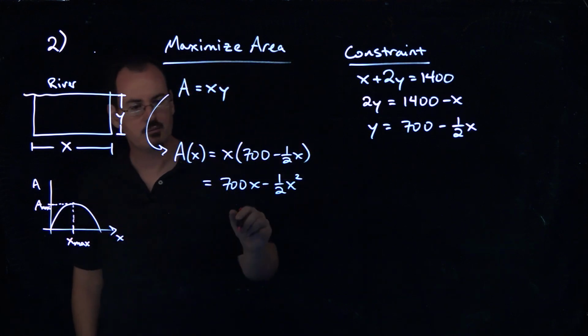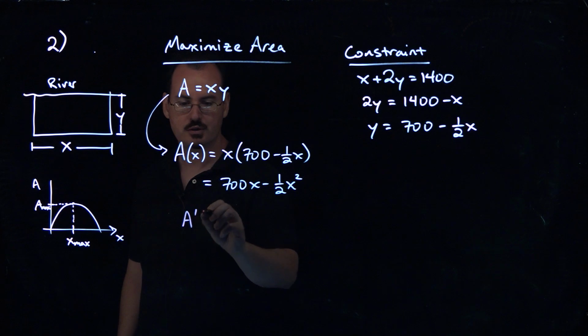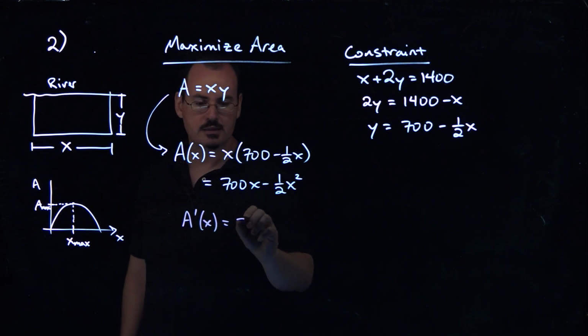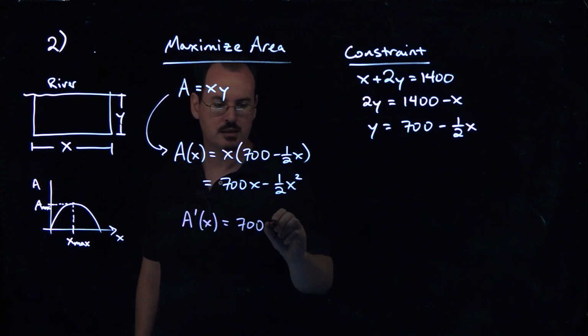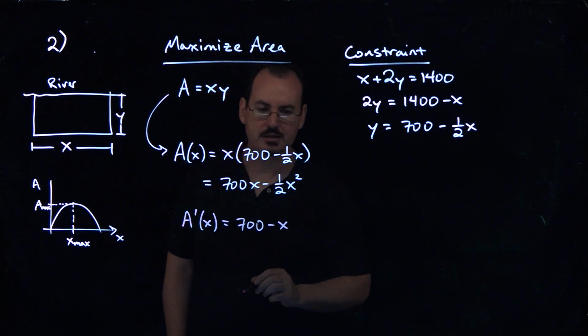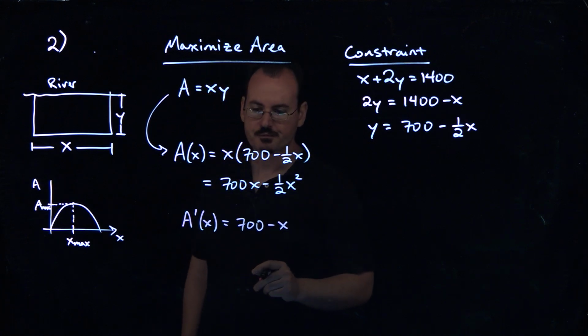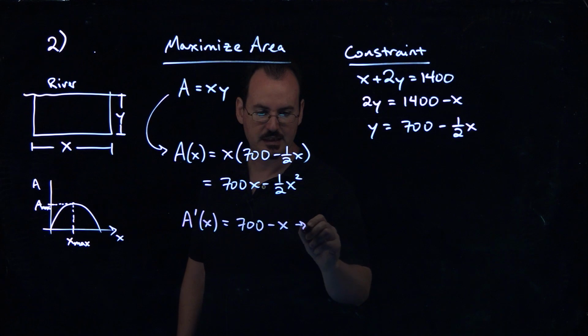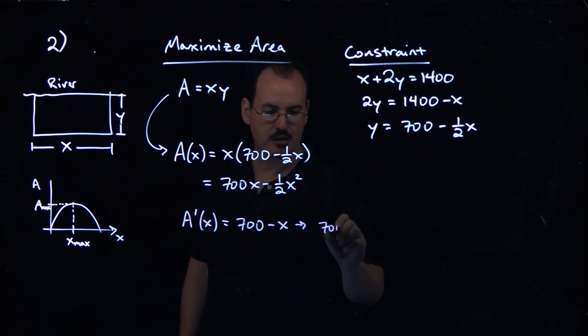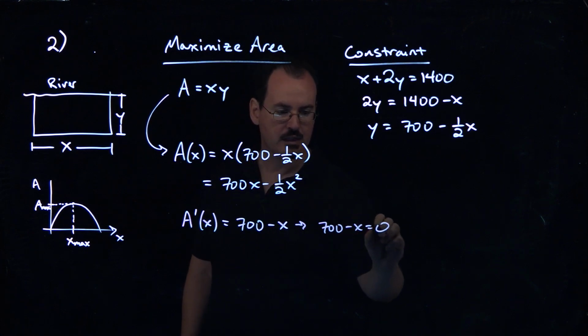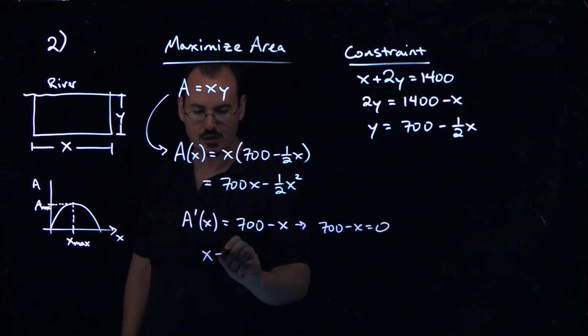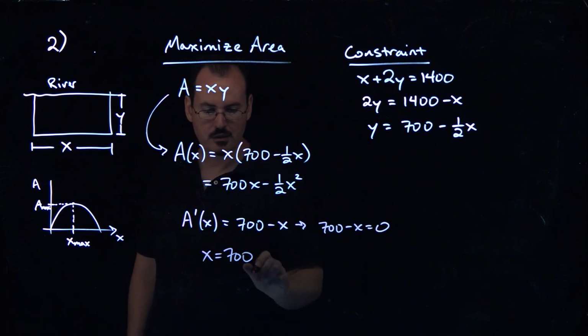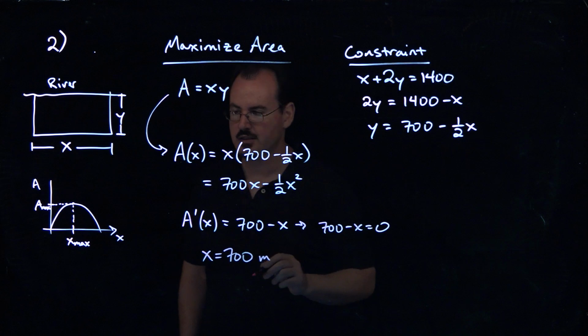That point is a critical number, so our next step is to take the derivative of this thing and set it to 0. We'll get 700 minus x for our derivative. This is very simple. If I set 700 minus x equals 0, that gives x equals 700. So 700 meters is the value of x.